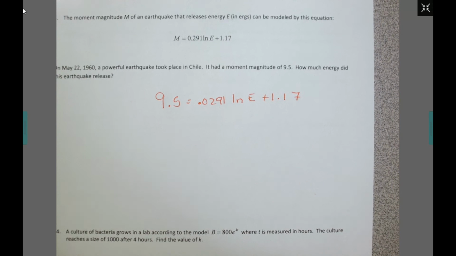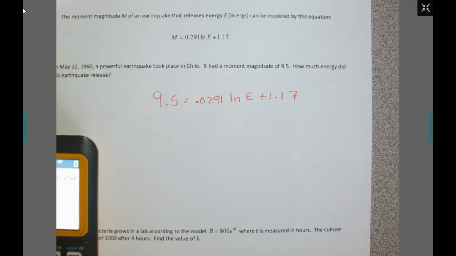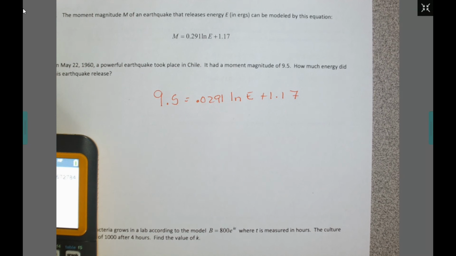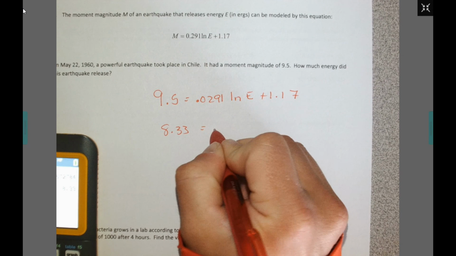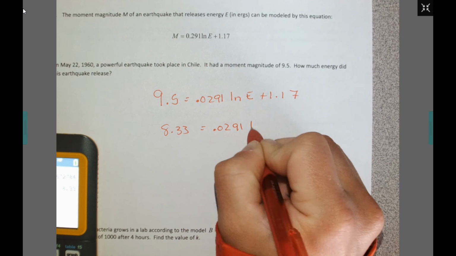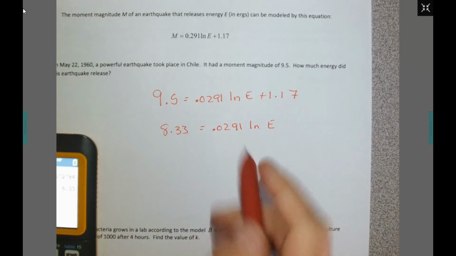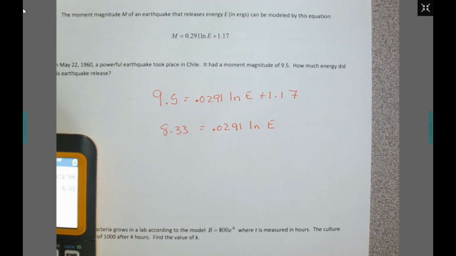On this one, to get the log by itself, you take 1.17 away from each side to give you 8.33 equaling 0.0291 ln E. You have to divide the 0.0291 over.